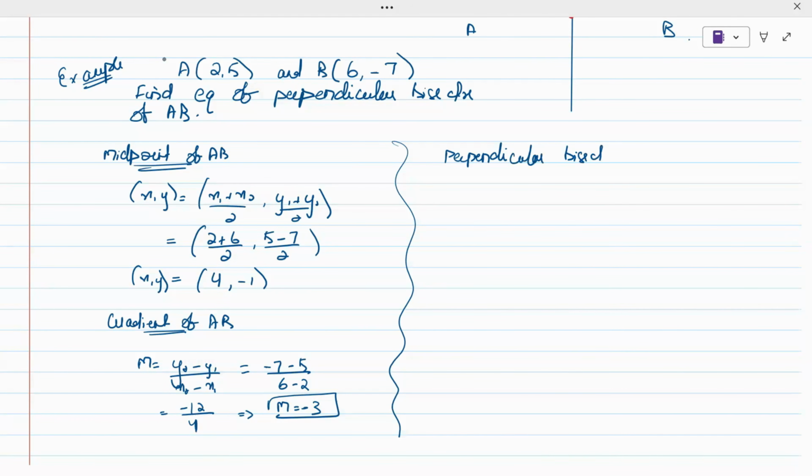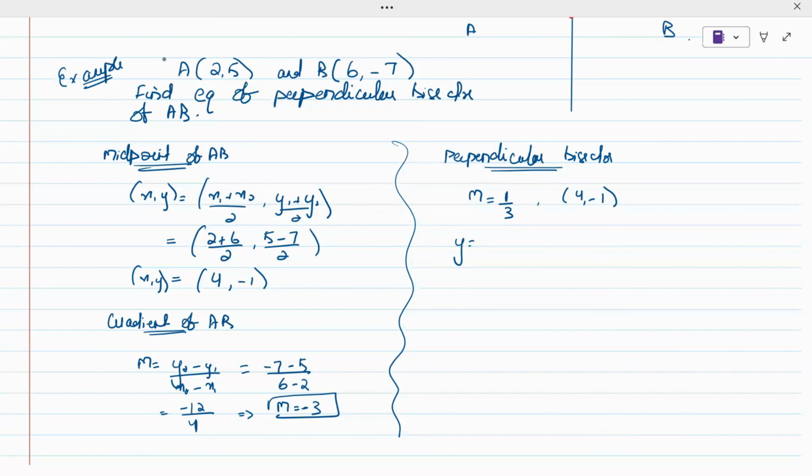Perpendicular bisector now. For the perpendicular bisector, the gradient should be the negative reciprocal. Why? Because it says perpendicular. So the gradient here for minus 3, the negative reciprocal, would be positive 1 upon 3. And the point to be used would be the midpoint, which is 4 comma minus 1.